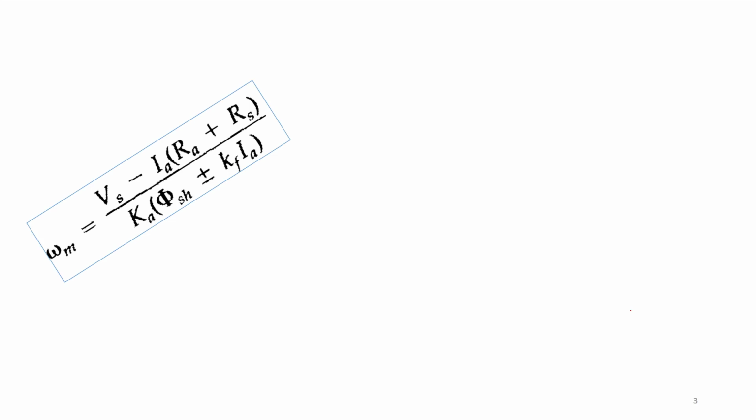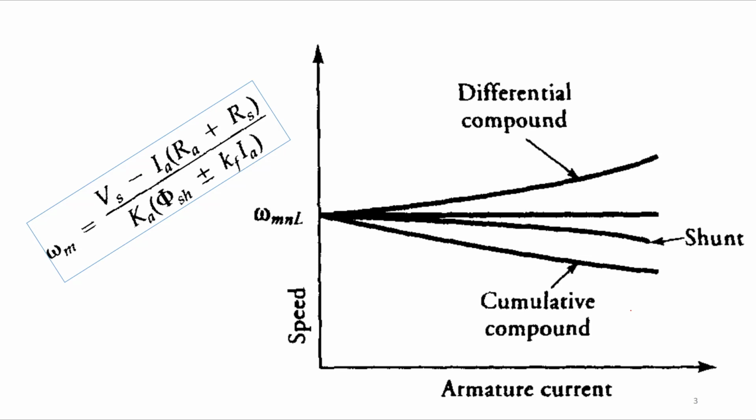Okay, so now if we plot the speed versus armature current, it will look like this. Already I have shown this figure yesterday also in the last class, right? So this is your shunt motor, and this will be your differential compound motor.